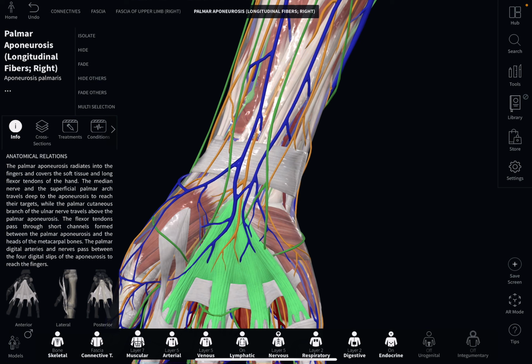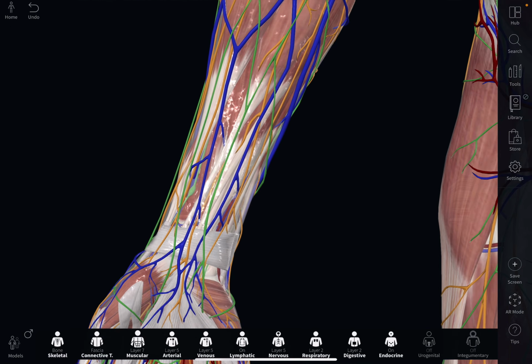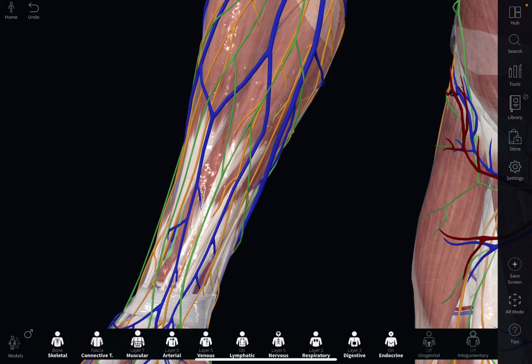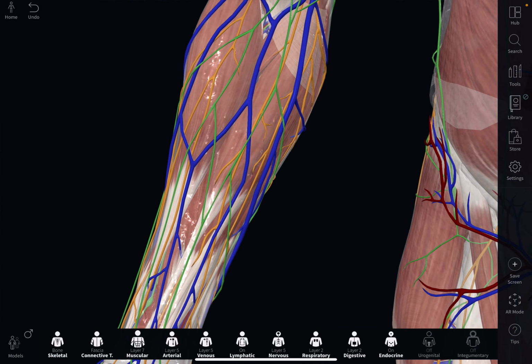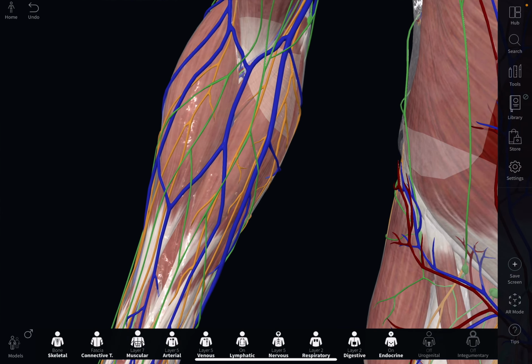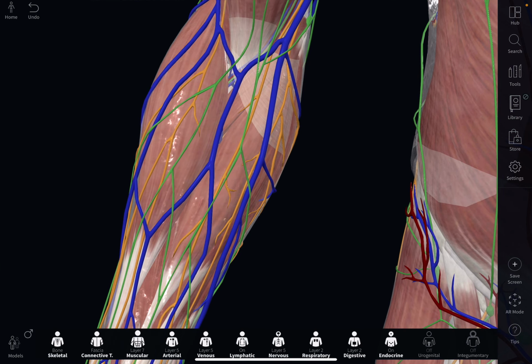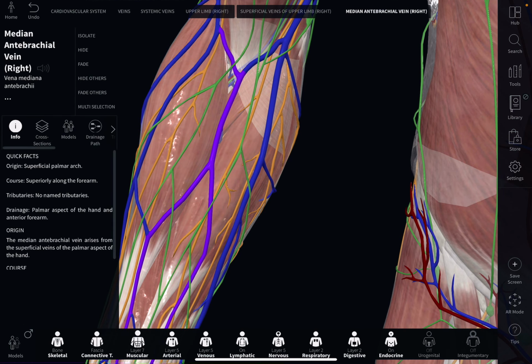Right. Now, in the forearm, I just mentioned that there are two compartments, the anterior compartment and the posterior compartment. Here we can see some of the superficial structures lying just superficial to the deep fascia.